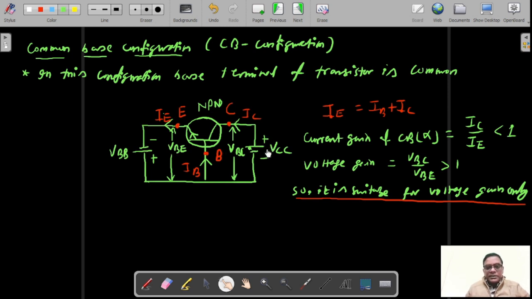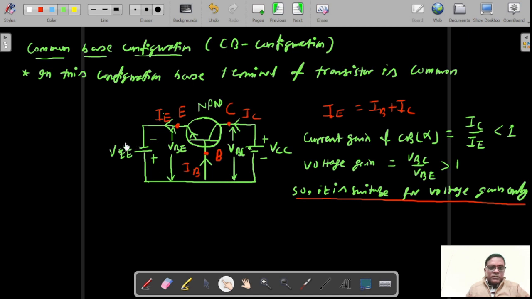At the collector terminal, once we connect a battery, it is called VCC, and this one is not VBB, it will be VEE, that is the emitter bias voltage.